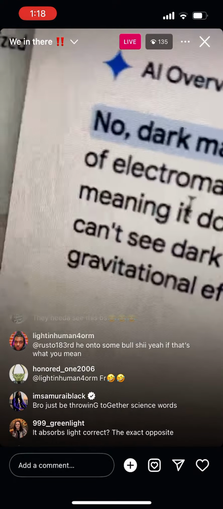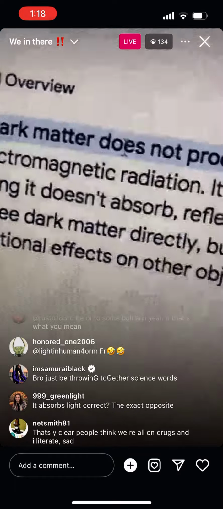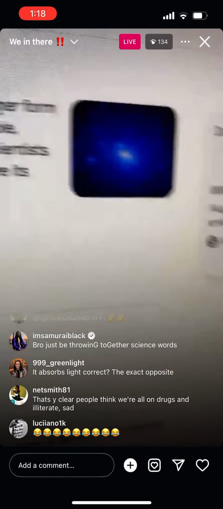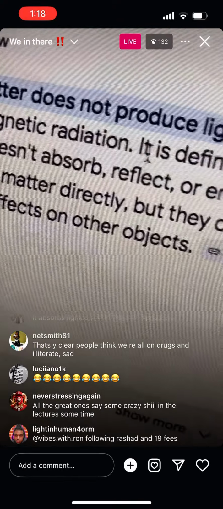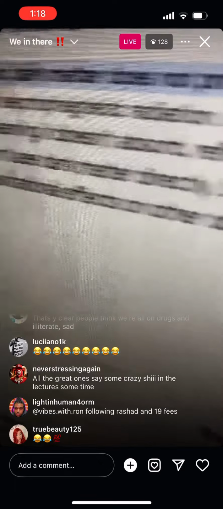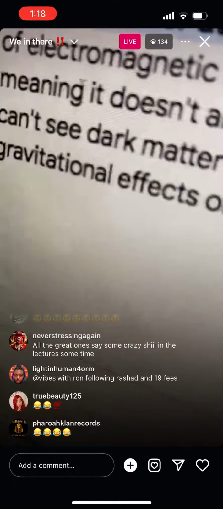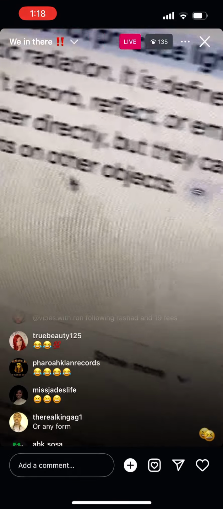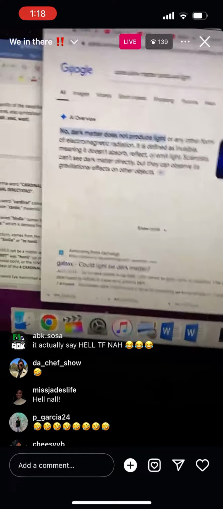Hell no. That's what they say. Dark matter don't produce light. What are you talking about? Where did you get that from? Have you been listening to Rashad Jamal again? Scientists say he doesn't know what he's talking about, and science is right. I just read to you what Google and the AI overview say.